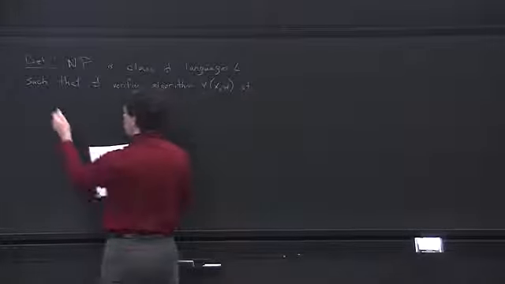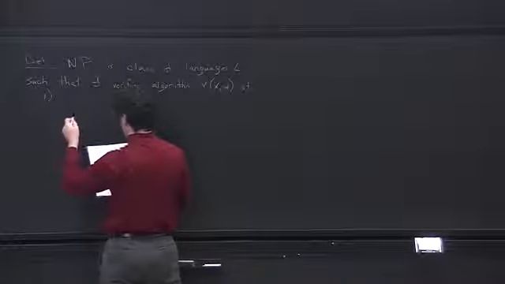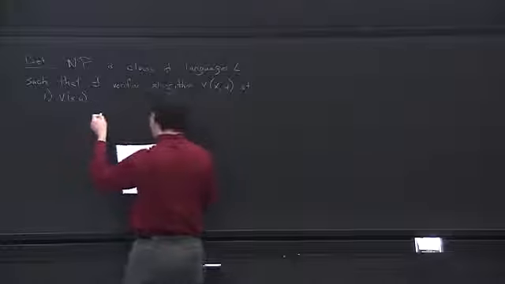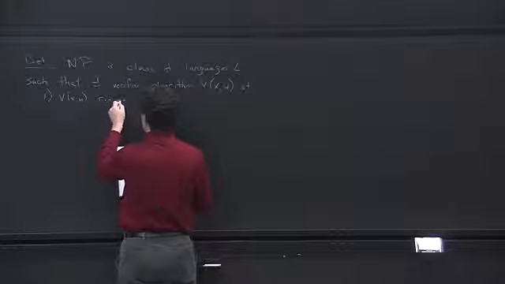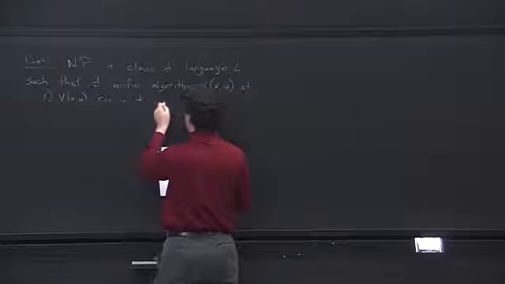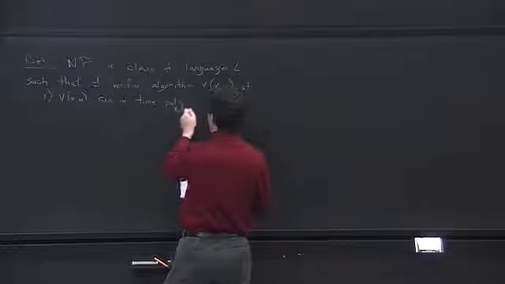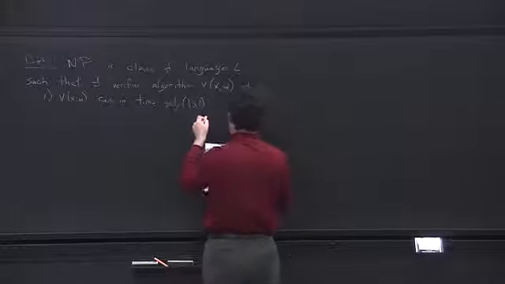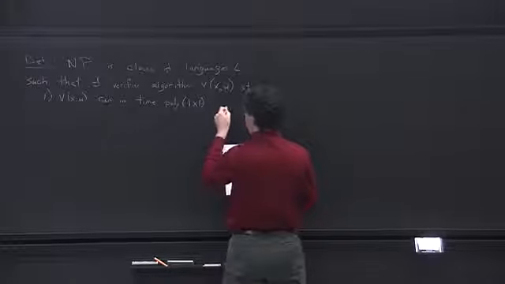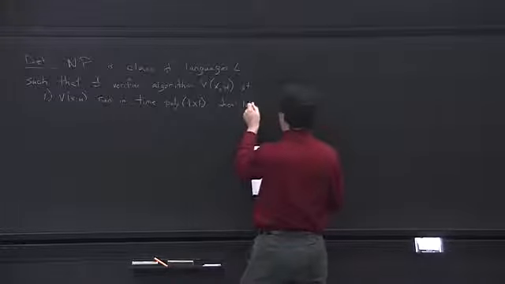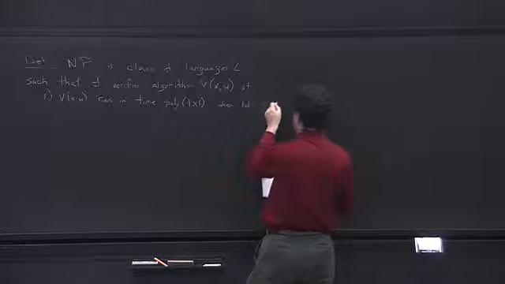And we want this algorithm to have three properties. So first of all, it should run in a time that's polynomial in the size of x, when the size of w is also polynomial in x.